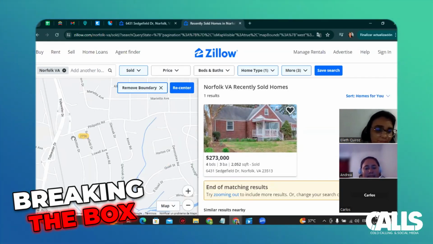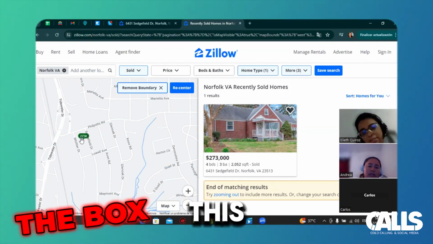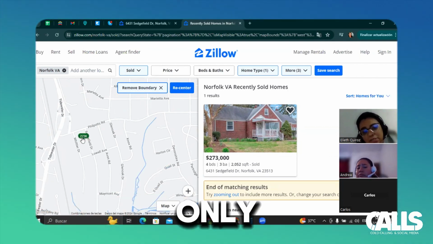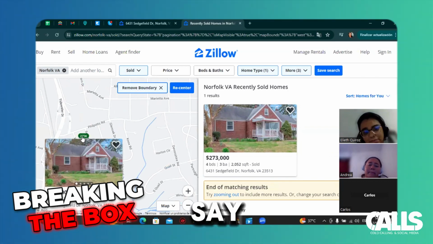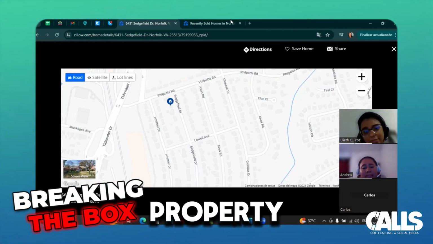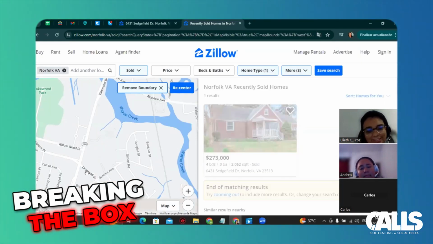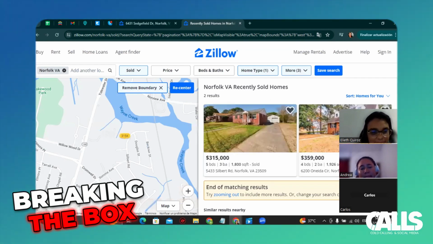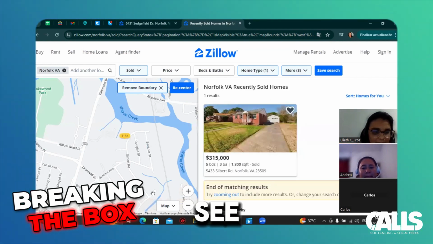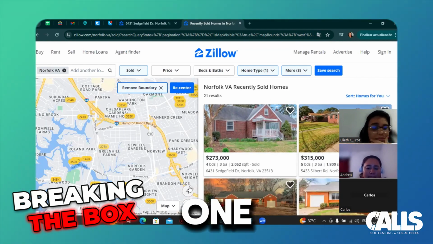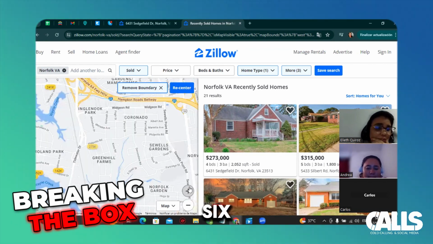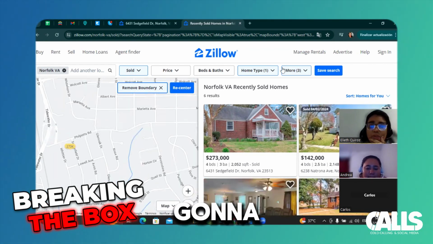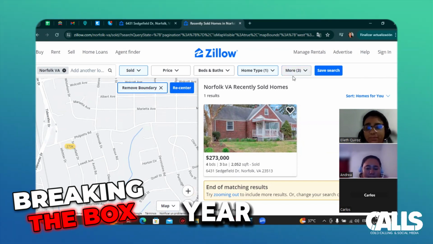Make sense? So I see that in the last 6 months, only this property sold. This is our property, our subject property. Okay, so that's the one that sold in the last 6 months. Now we're gonna see what sold in the last year.